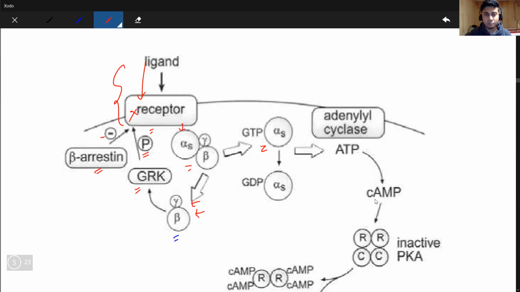Then what happens? This beta and gamma has a chance to bind to the alpha subunit again. But the thing is, when alpha has GTP attached to it, it does not bind to the beta and gamma subunit. Only when alpha has GDP does it bind to the beta and gamma subunit. Now, this conversion of GTP to GDP needs to happen, right?